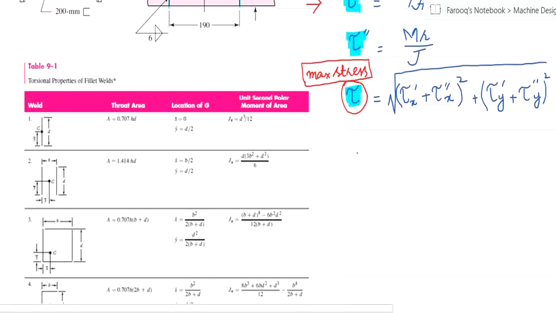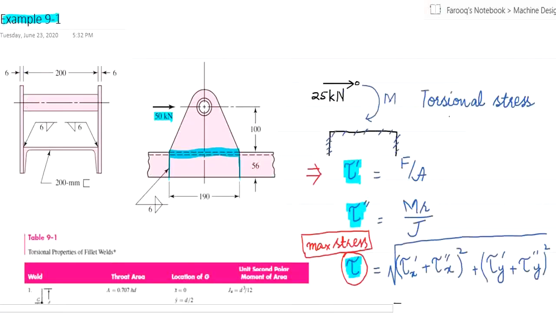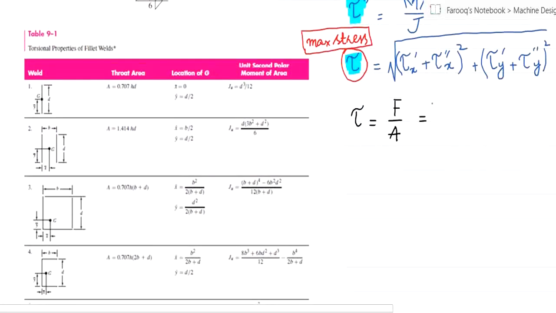So the formula for primary stress is equal to F over A, where F is 25 kilonewton because we are only using one of the two profiles, and this area is the throat area.